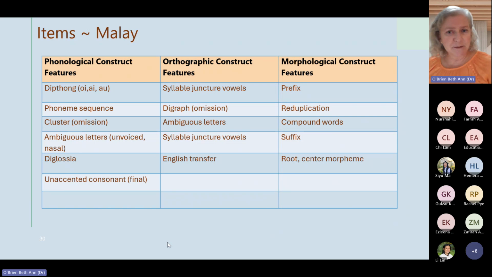We did similar sets of features for each of the languages, so I'll just show them briefly here. I can go back to these if you want to, but again, the idea was to have words with missing parts that would require the child to fill them in based on either their phonological, orthographic, or morphological knowledge.